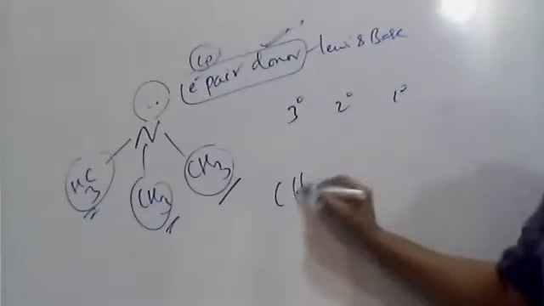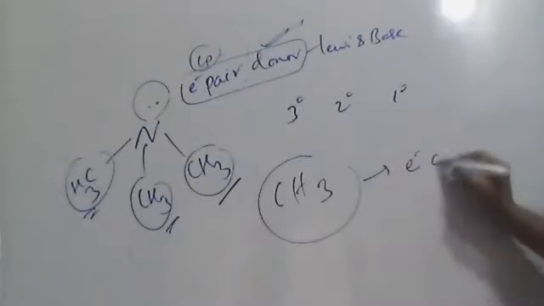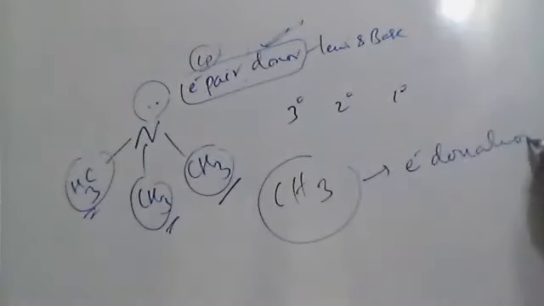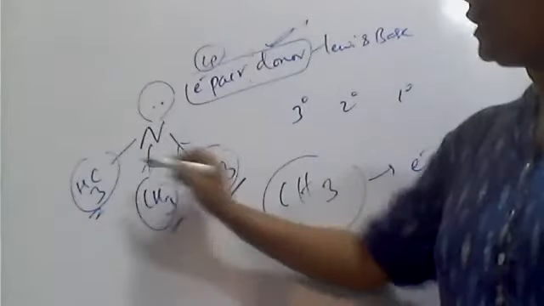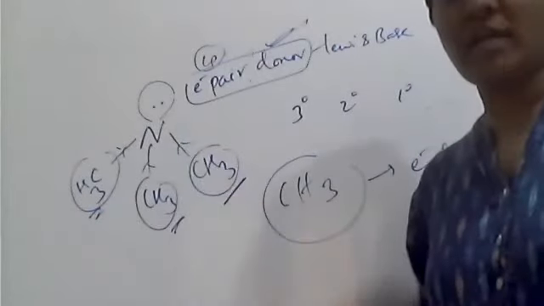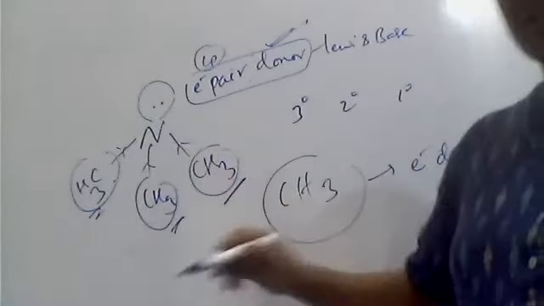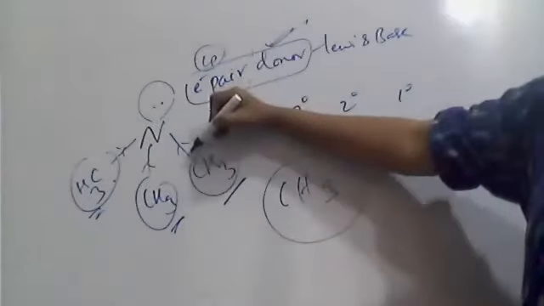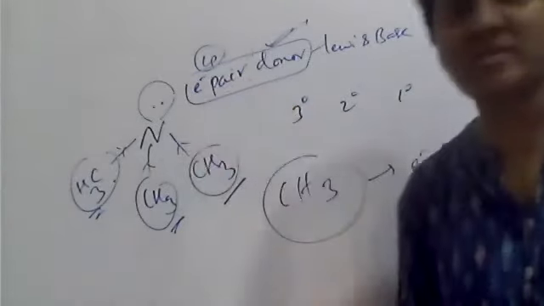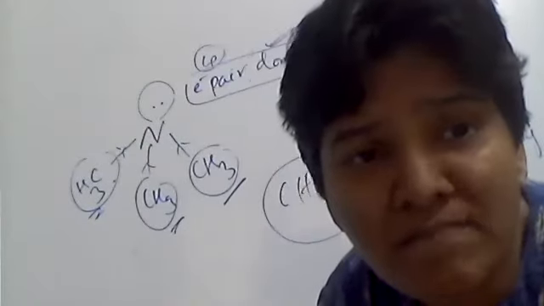Here, the methyl groups which are attached are called electron donating groups. It means these methyl groups donate electrons to the nitrogen. So in a tertiary amine, there are three groups which can donate electrons to the nitrogen. What is happening here?